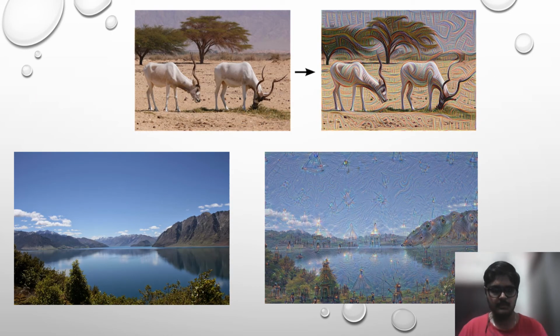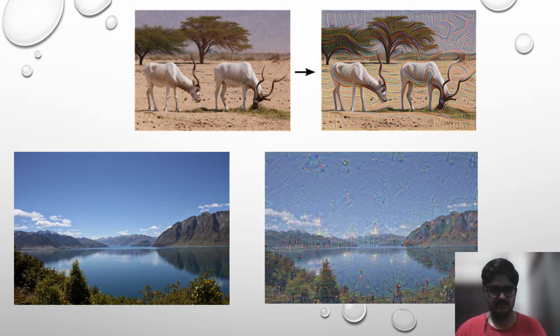By looking at these examples, I think we can understand the way Google DeepDream works in a much better way. As you can see here, this is a simple image where there are two animals in a deserted forest, and then in this particular image, you can see that multiple lines and curves have formed, giving us an insight that the lower level features of a neural network have been maximized so as to get this picture.